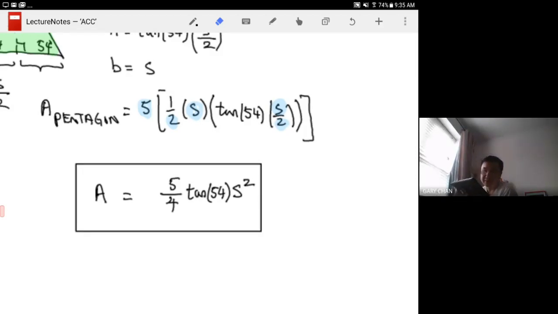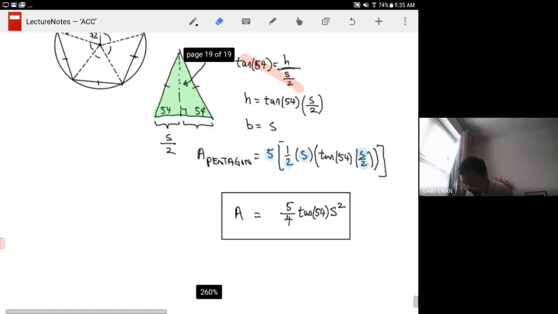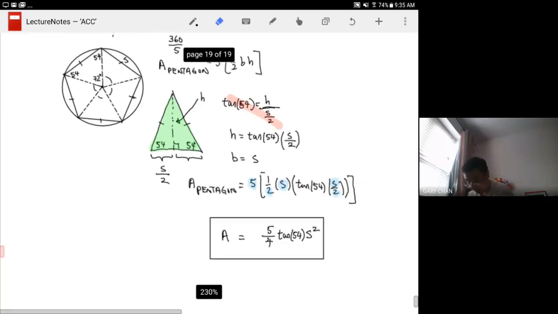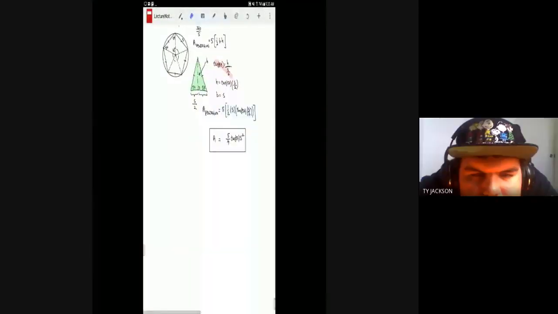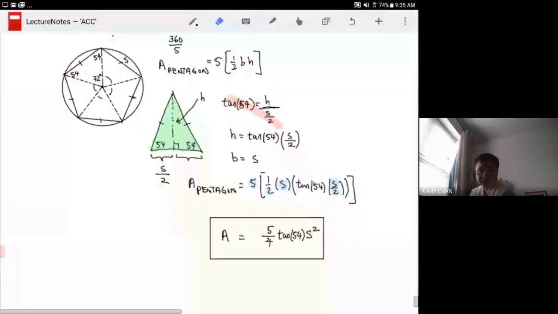And then 5 times 1/4 is just 5/4. That's all it is. So that's the area of the pentagon. Again, with this formula, if you know the side length of a pentagon, you can immediately figure out the area of that pentagon. Cool? All right, let's try that again.